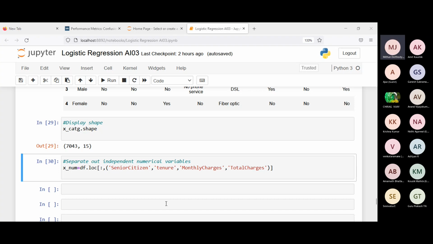After converting this into numbers, we can just call this X_num1. X_num has senior citizen, tenure, monthly charges, and total charges, which are all numbers anyway. So I'm not too bothered about them. I am bothered about these string data. So this is my X_num1.